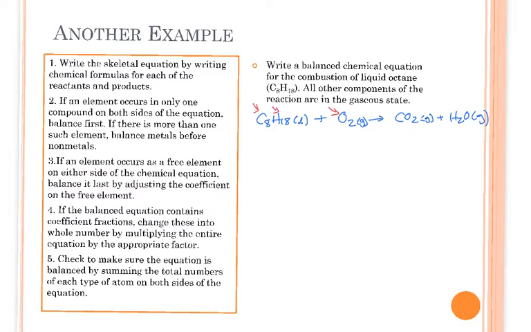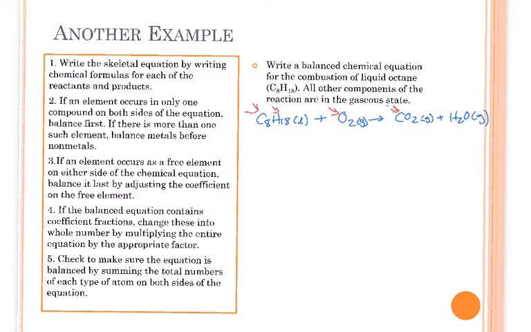We must look if an element occurs in only one compound on both sides of the equation. Then we balance it first. So we have carbon, it occurs in only one compound on both sides, here and here. And also hydrogen occurs in only one compound on both sides of the equation. So let us balance the carbon first.